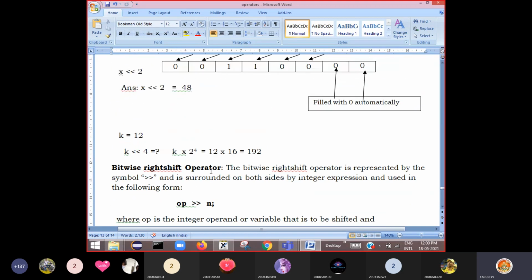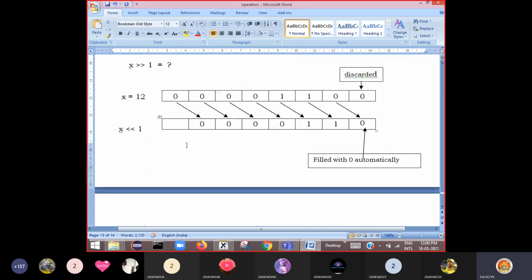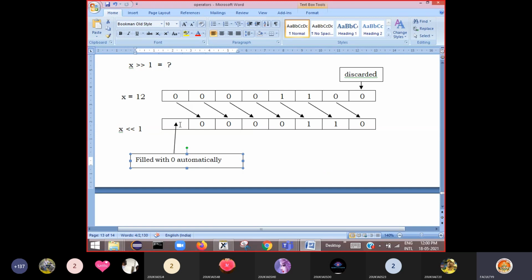So this bit position will be filled automatically with a 0 here. The leftmost bit position will be filled automatically with a 0.